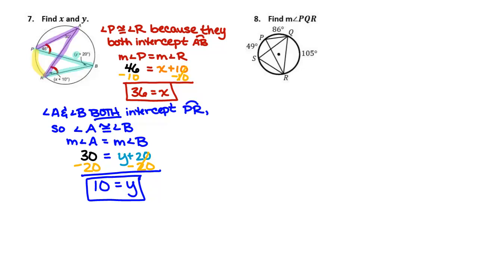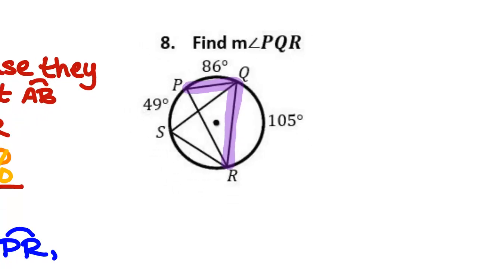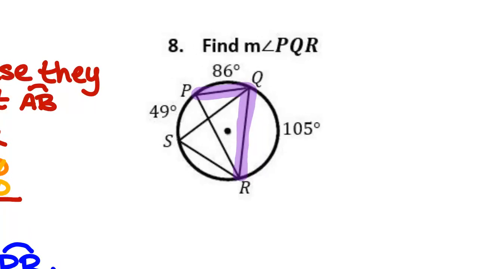Let's look over here at number 8. It says find the measurement of angle PQR. P over to Q and down to R. This is the angle that we want the measurement of. What arc is that angle intercepting? It might be a right angle, I'm not sure.